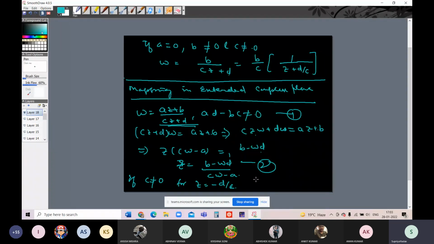This point will be mapped under this map to W equal to infinity.